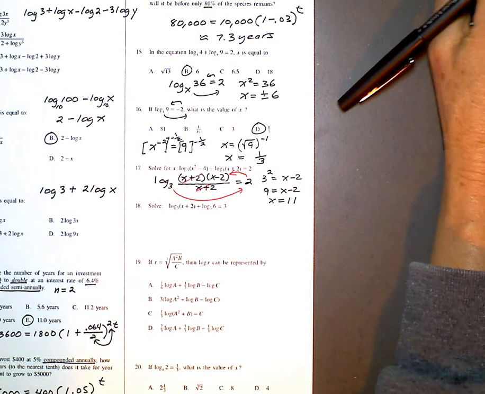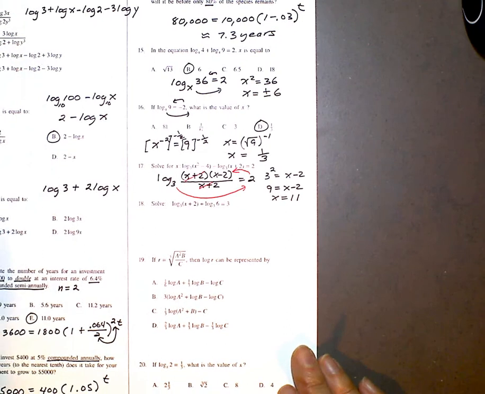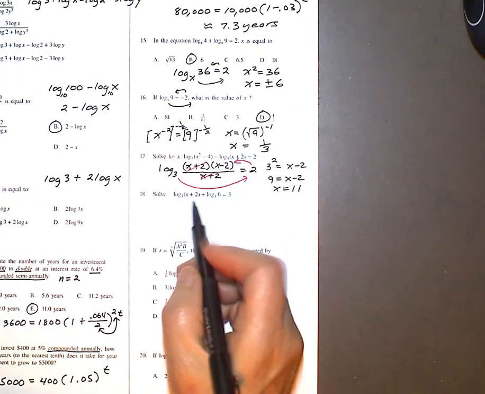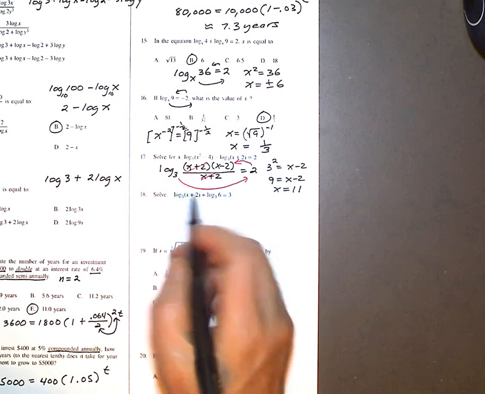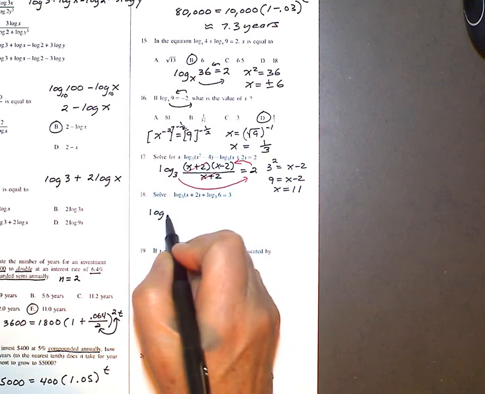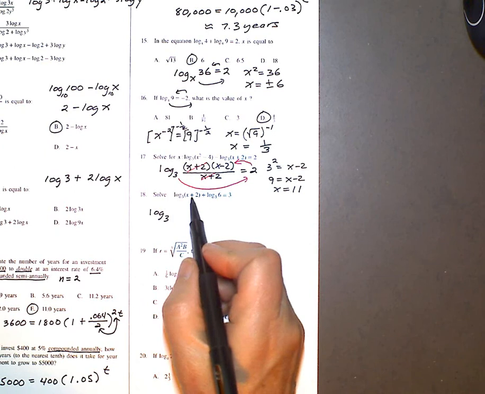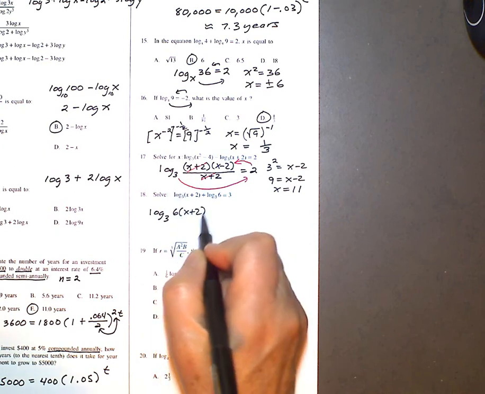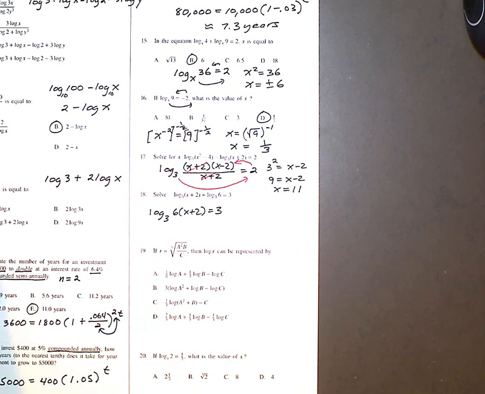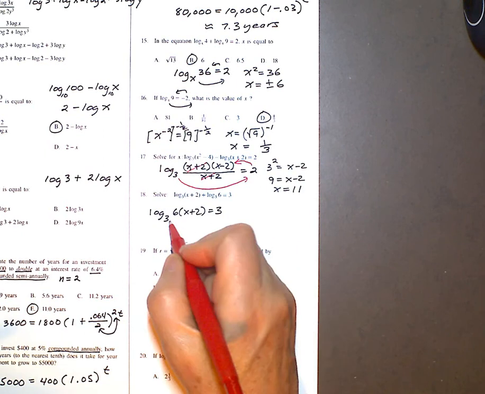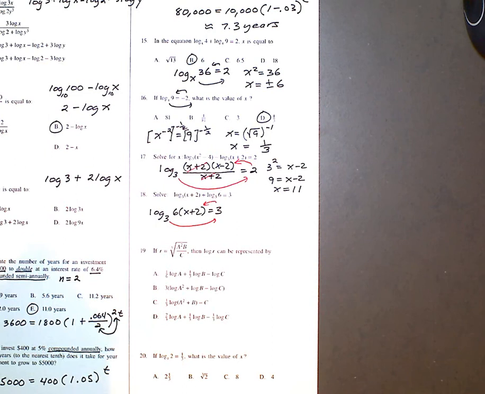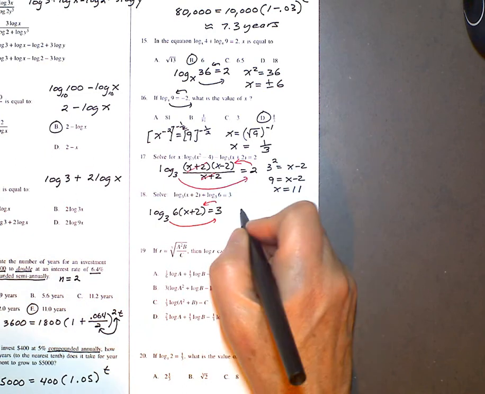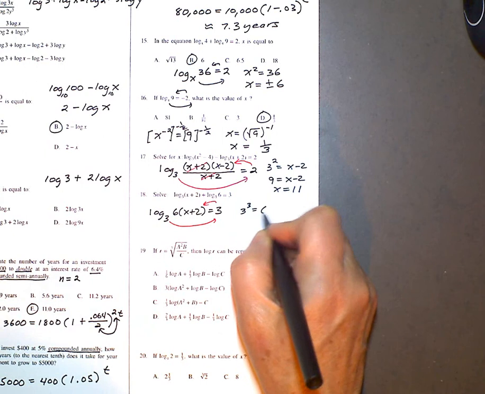Okay, number 18. Let's see here. I've got log equals number, so I'm going to combine the left side. So we get log base 3 of, and this is going to be x plus 2 times 6. And then I'm going to rewrite this in exponential form. 3 to the third equals that. So 3 to the third power equals 6x plus 12.